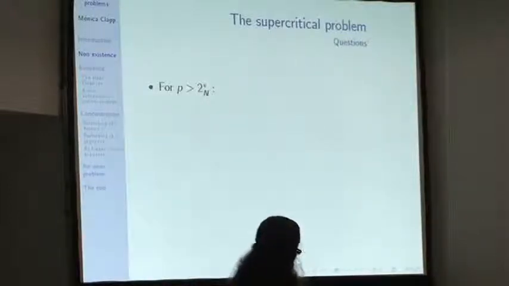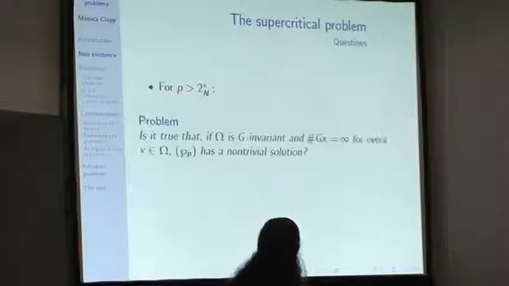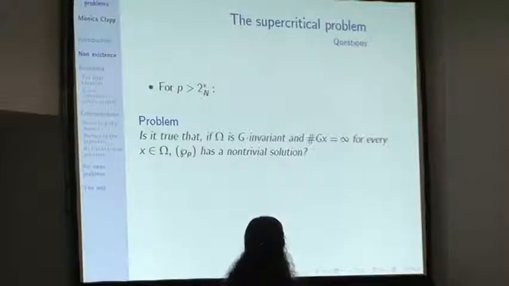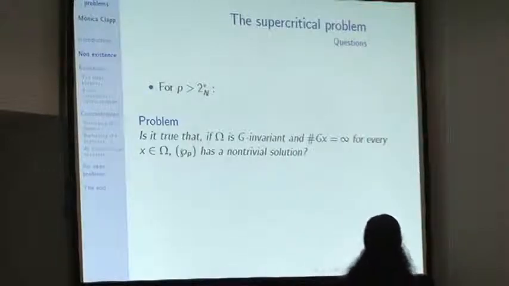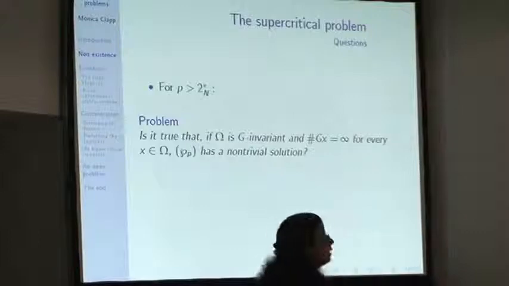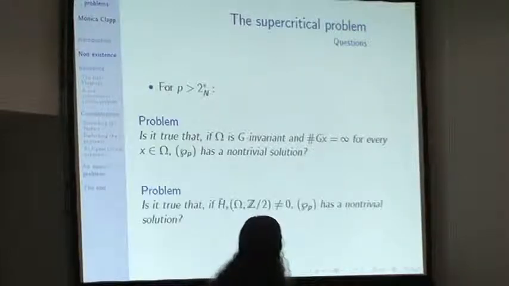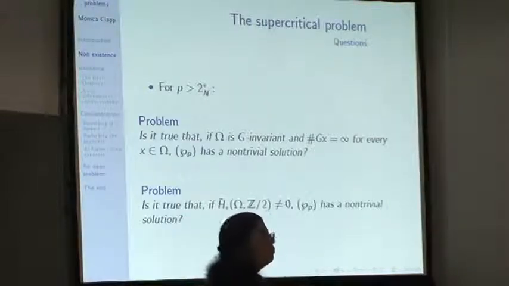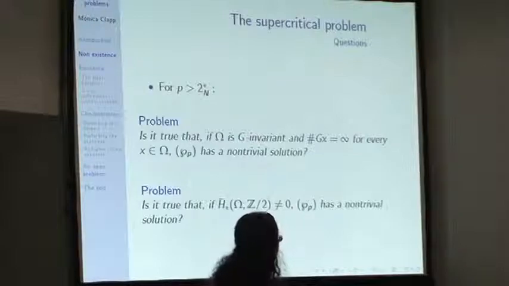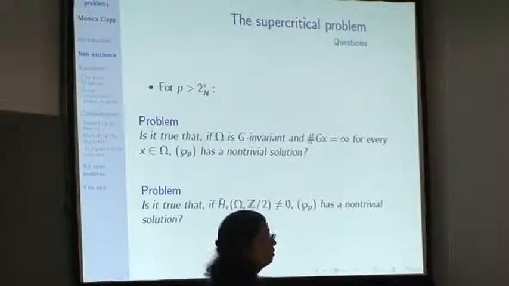If p is larger than the critical exponent, we can ask whether it is still true that if the domain is G-invariant and has infinite G-orbits, it has a non-trivial solution. And we can also ask whether it is true that if the homology of the domain is non-trivial, so if it has non-trivial topology, this problem has a solution.